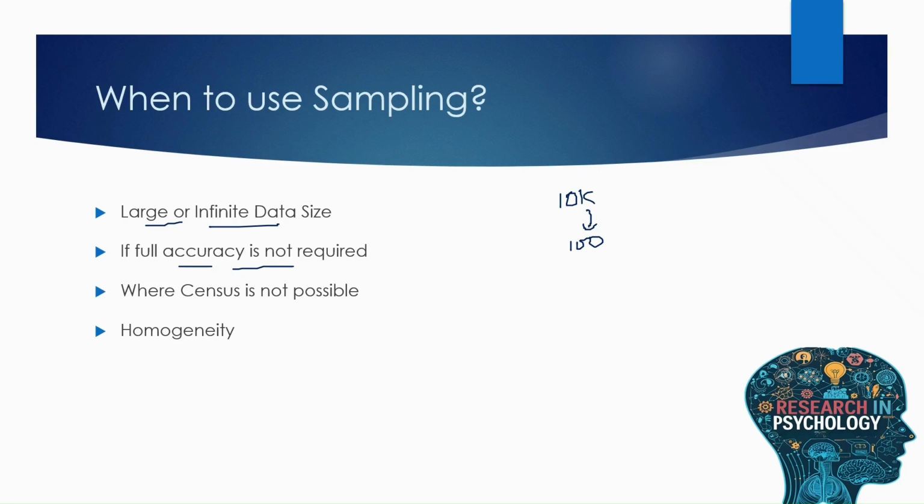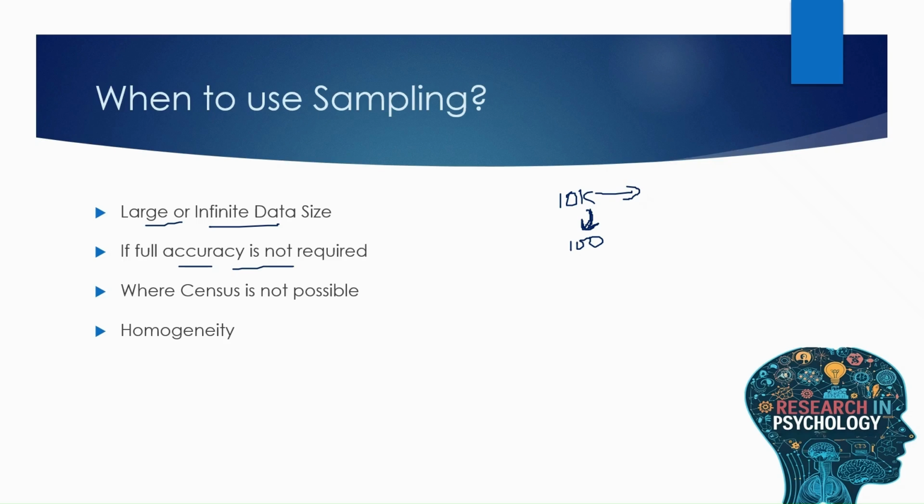If you are taking a sample from this population, there would be some sort of minor compromise, where the sample may not be the true representation of the population, or there may be diverse views in this population, so the 100 you are choosing may not give you the exact result. But if the error margin that you have chosen allows you to, in that case you can use sampling because it has a host of other advantages.